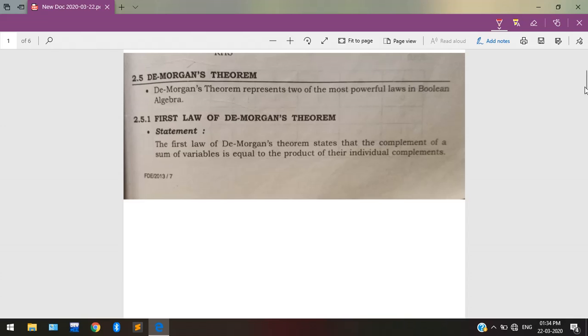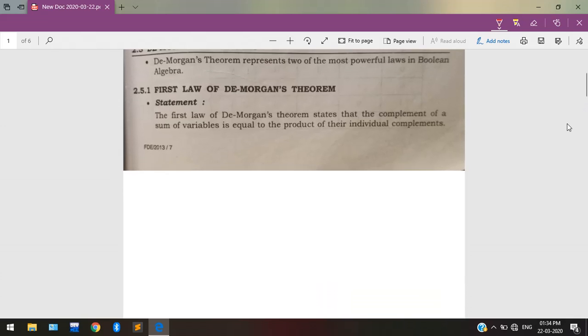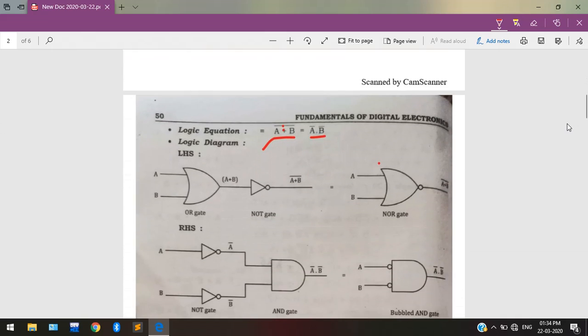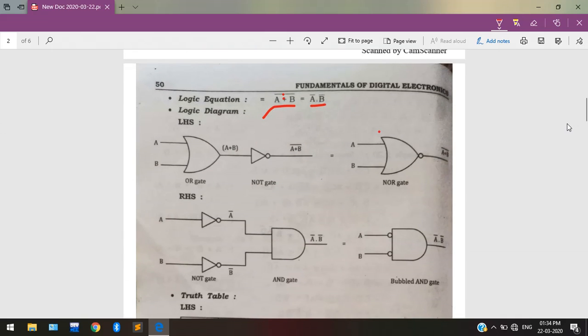That is the statement, and this is the logical equation of De Morgan's first theorem. Now we can see the symbols and logic diagrams. In this figure you see a plus b.